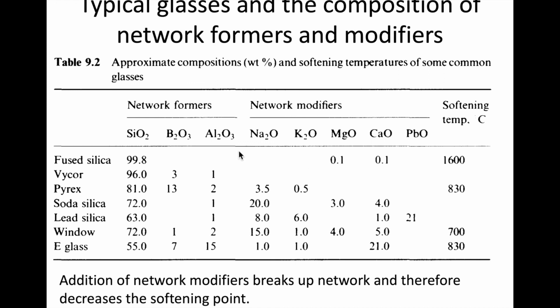The other important thing to note is that the amount of modifiers you add drastically lowers the softening temperature. From an industrial standpoint, this is much easier to fabricate because we don't need the extreme high temperatures, right? So the more modifiers we add, the more it breaks up the network and decreases that softening point.